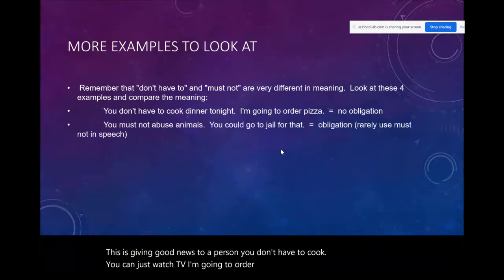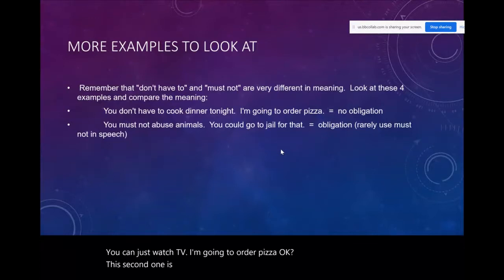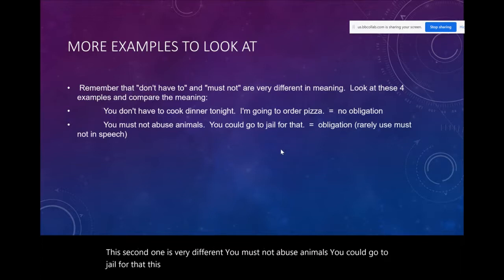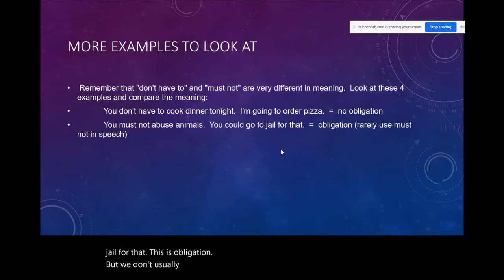This second one is very different. You must not abuse animals. You could go to jail for that. This is obligation, but we don't usually use must and must not in speaking. Have you noticed that with most Americans?